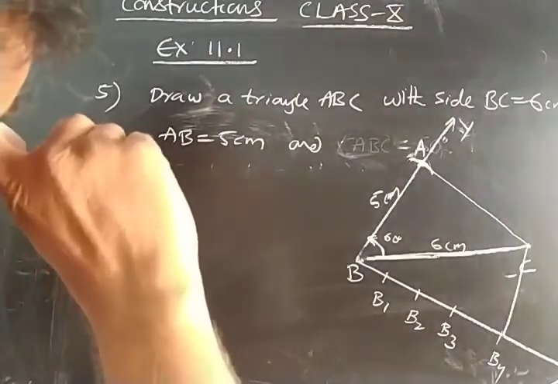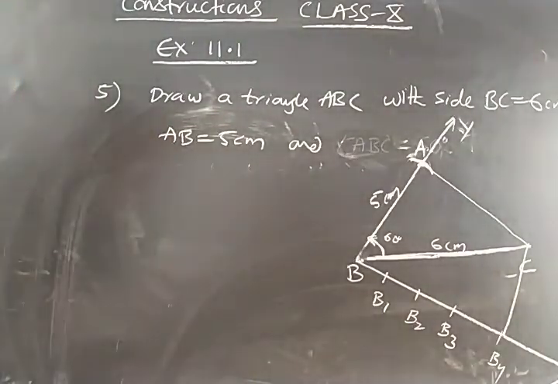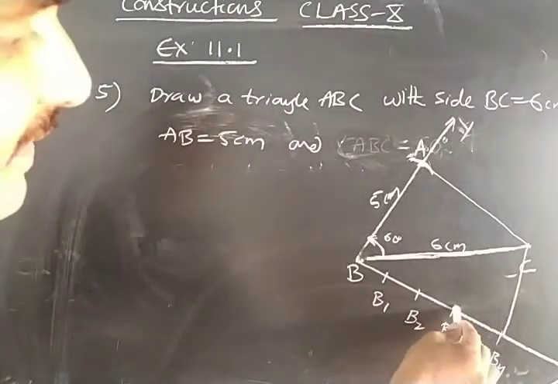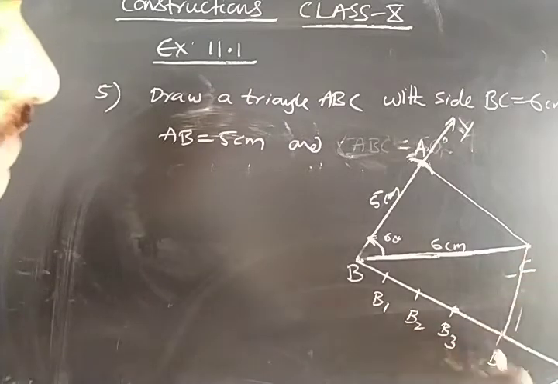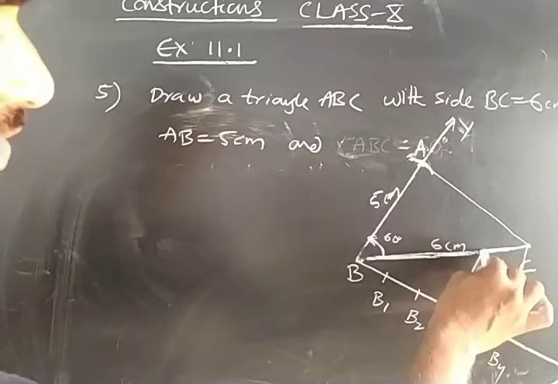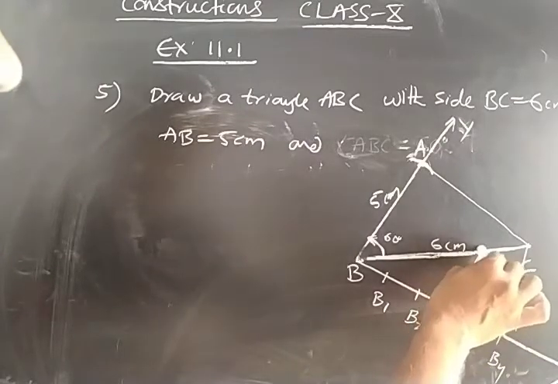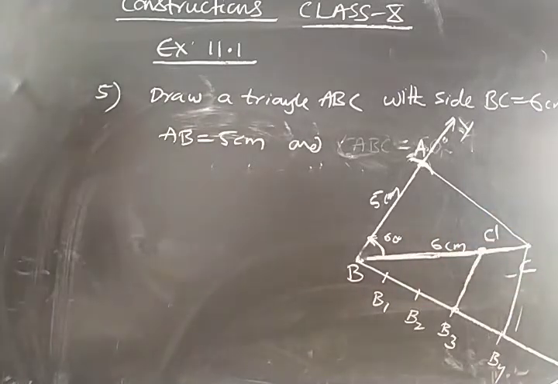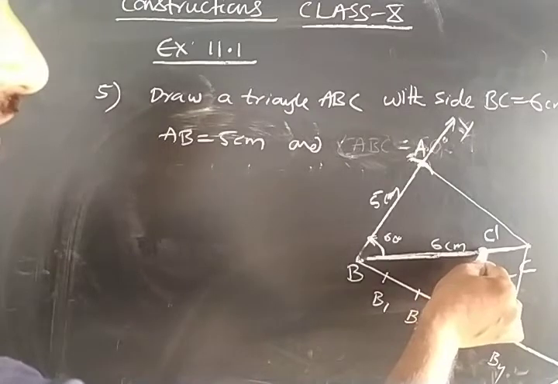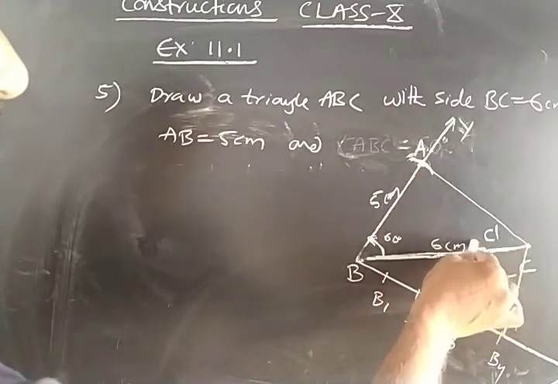The newly constructed triangle should have 3 by 4 of the first triangle. So I am joining through B3. I am drawing a line parallel to CB4 like this. It will intersect BC at some point, say that as C dash. Again through C dash, draw a line parallel to AC, like this.